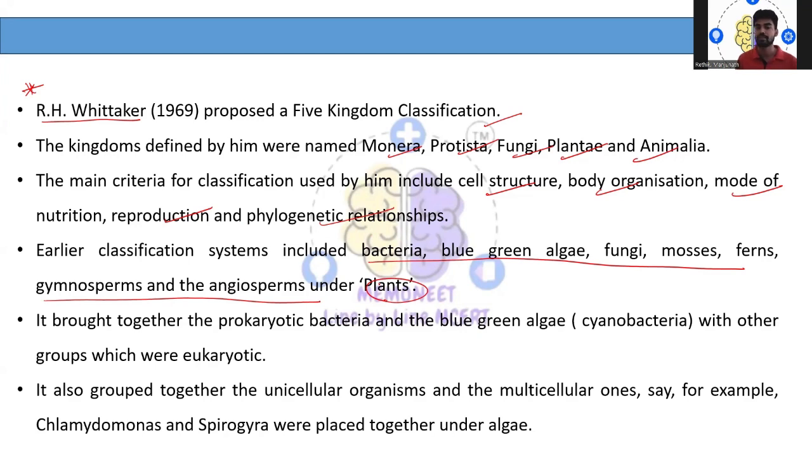They brought together the prokaryotic bacteria and blue-green algae, and the other group which were eukaryotes. They also grouped together the unicellular organisms and the multicellular organisms. Say you have Chlamydomonas and Spirogyra. They were placed together under the kingdom algae.